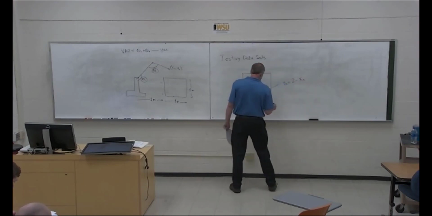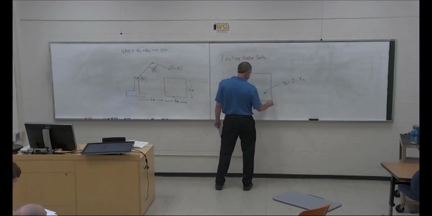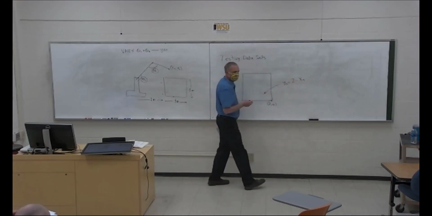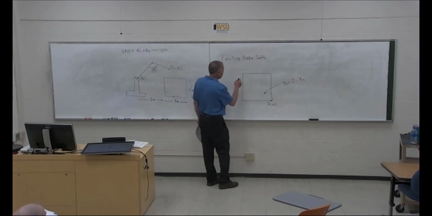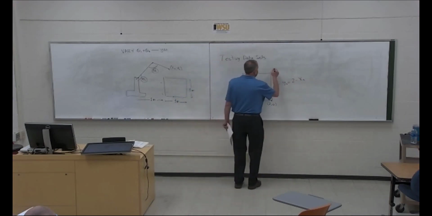Let's check it out. So we're here at 2 comma 0. That's where we want to be. We put in x equals 2, we get 0, so that's correct. We put x equals 1, we get a vertical distance of 1, check.